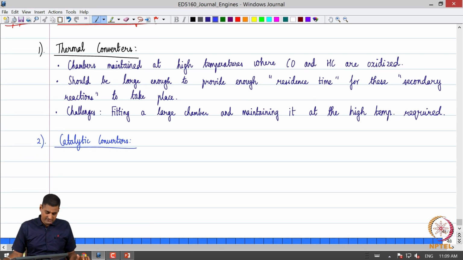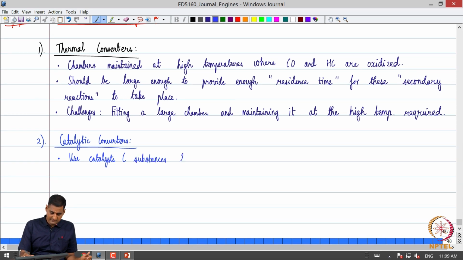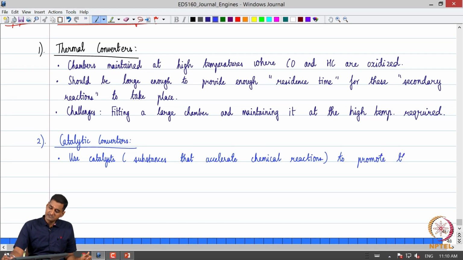Okay. So, what is a catalytic converter? A catalytic converter, in a catalytic converter one uses catalysts. Catalysts are substances that accelerate chemical reactions to promote the secondary oxidation reactions at lower temperatures.